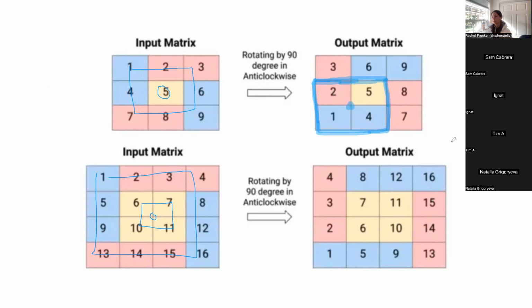How many layers does it have to get to the center? One, exactly. So that's what we mean when we ask how many layers there are: how many layers to get to the center of the matrix.